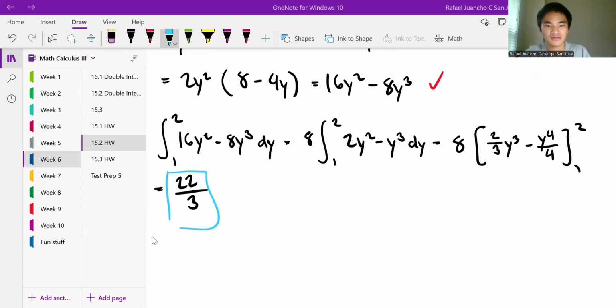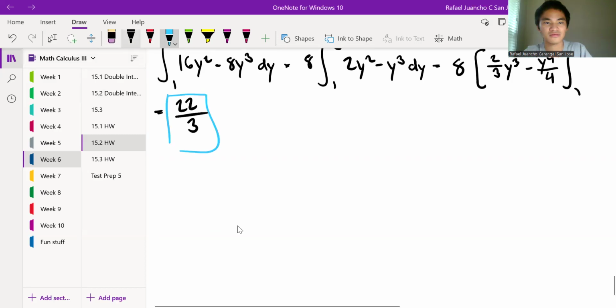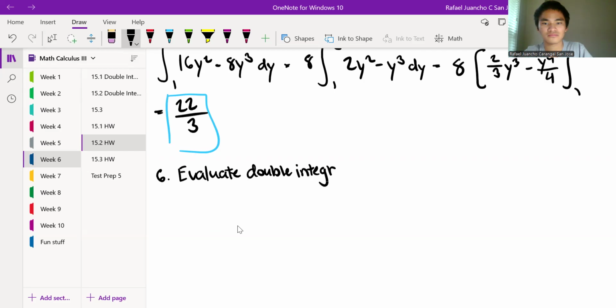So here, again, we're being asked to evaluate a double integral. What would that be? So we have this, the 7xy squared, change in area.